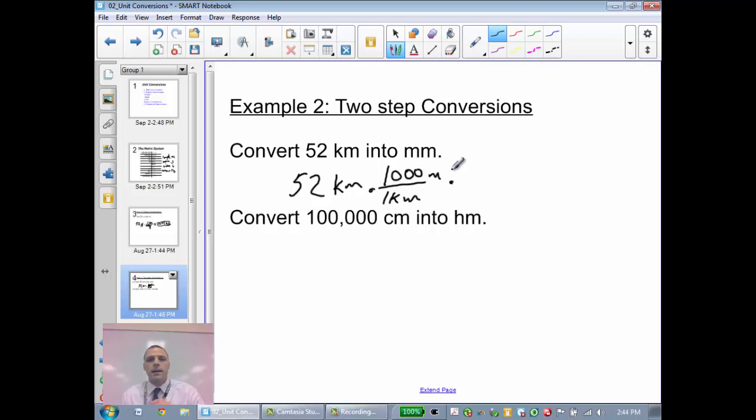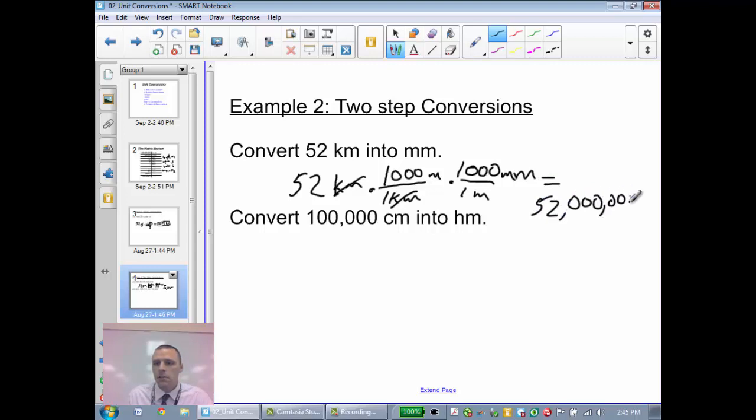And so I want to work back to my base unit first. And my second conversion factor, because I'm eliminating kilometers, I want to now eliminate meters. In 1 meter, there are 1,000 millimeters. And when I do all the multiplication, I end up getting 52 million millimeters.